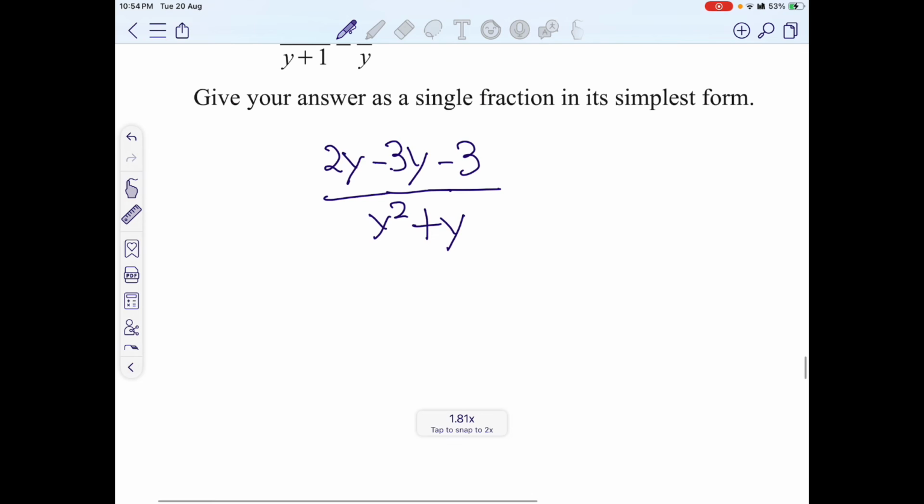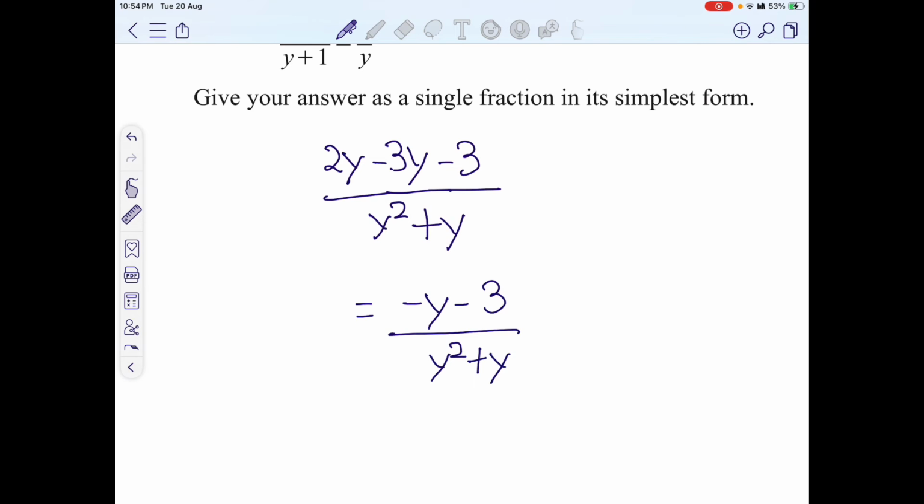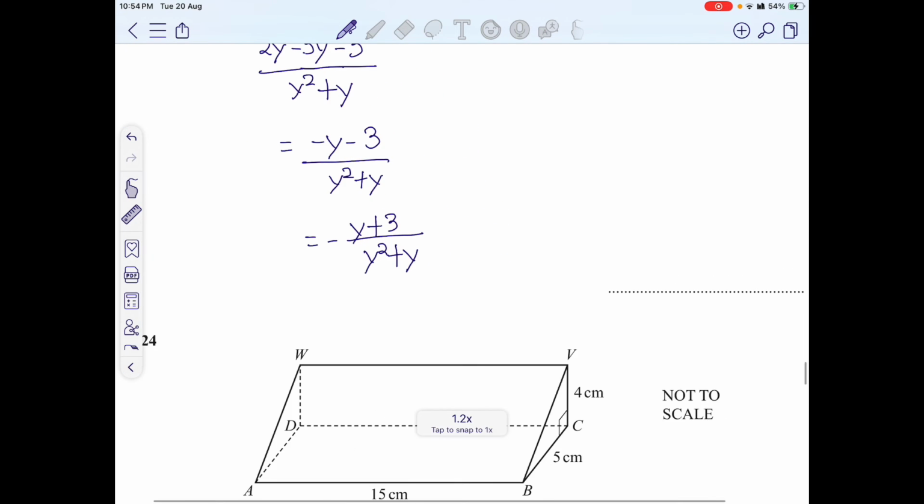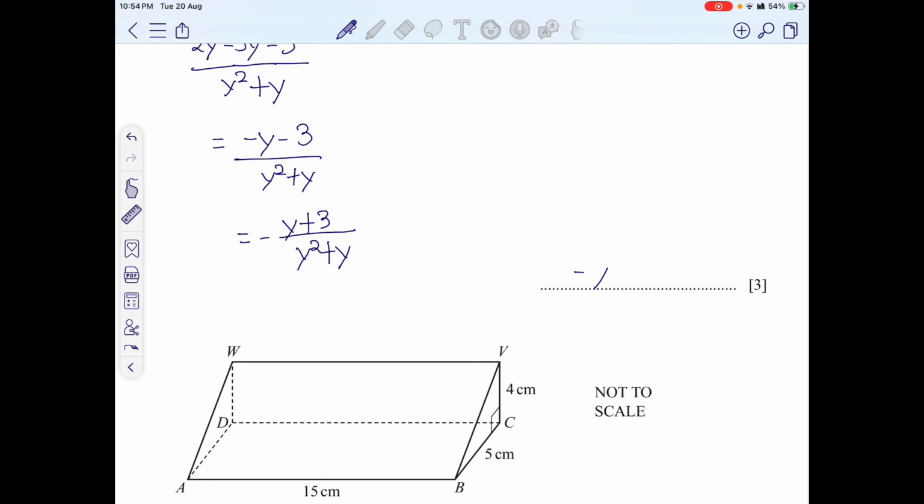And I simplify this, I would get basically negative y minus 3 divided by y squared plus y. I could take the negative out, so I could say negative, then put a fraction y plus 3 divided by y squared plus y. Alright, negative (y plus 3) divided by y squared plus y.